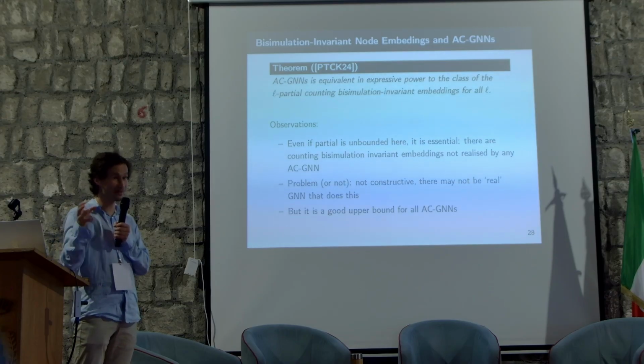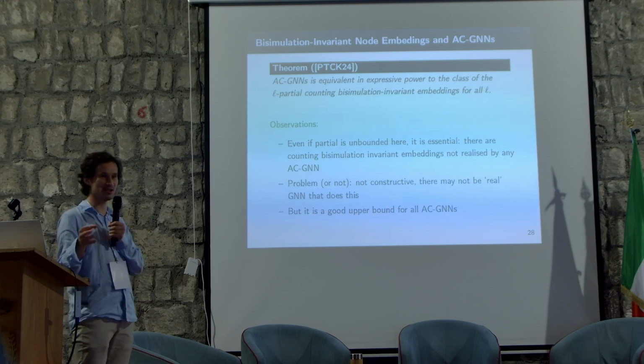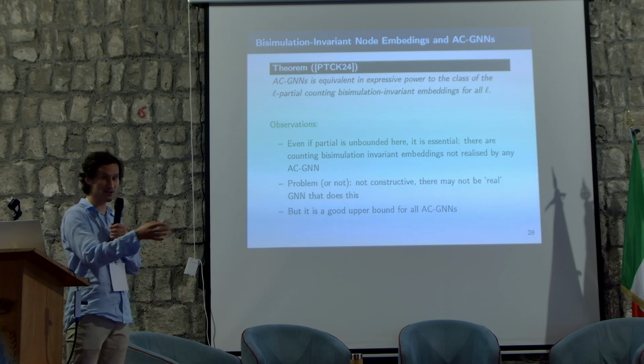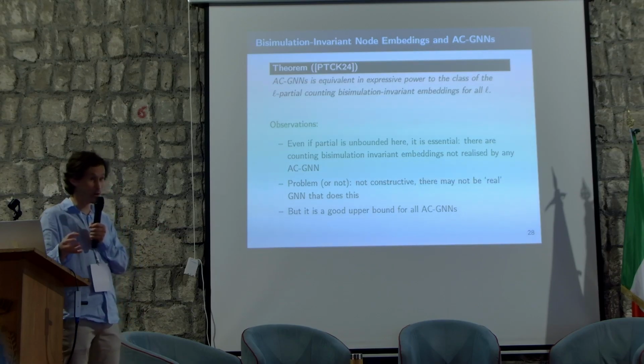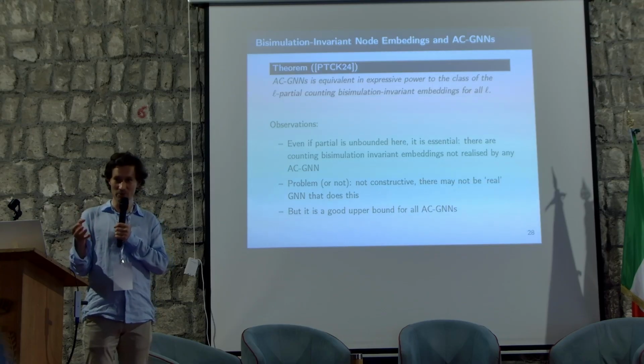No problem, there are such functions. And you may say, how can I realize it with AC GNNs? But no problem, I can find aggregation and combination functions which are not computable. Same thing. Of course, real GNNs are all computable.